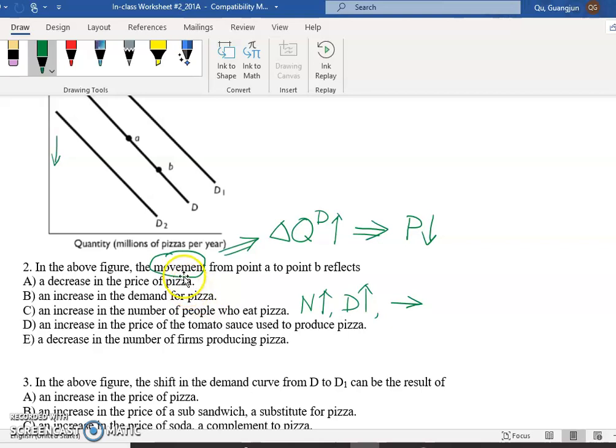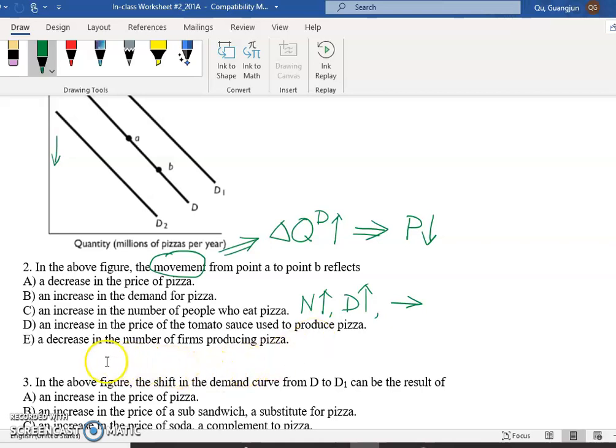But again, here in the question, we're talking about the movement from A to B, right? And D here, an increase in the price of tomato sauce used to produce pizza. So this one, we're talking about production, not really consumption. Okay, so this is not relevant.